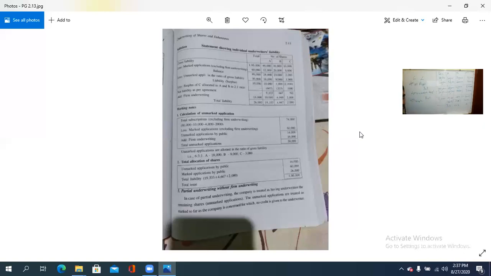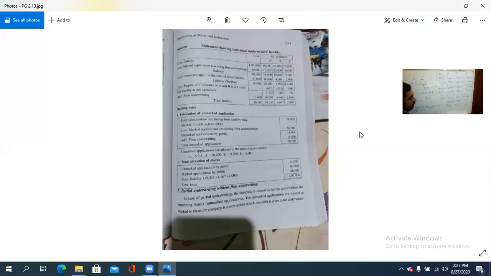Correct. So that surplus is to be apportioned among 6 by 9 and 3 by 9 among the two underwriters A and B. So that is the net liability as per the agreement. Net liability as per agreement. And what about the firm underwriting?